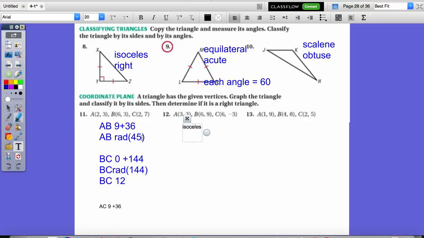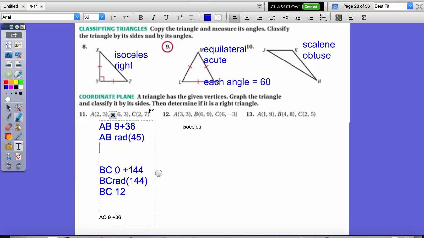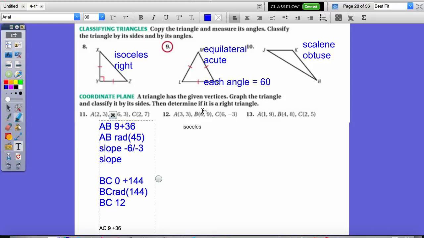And we're going to look at slope to determine if anything is perpendicular. So for the slope of AB, 3 minus 9 is negative 6 over 3 minus 6, which is negative 3. So the slope is positive 2.